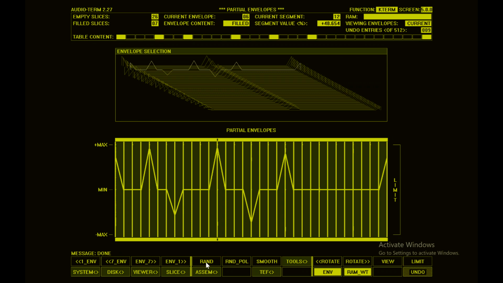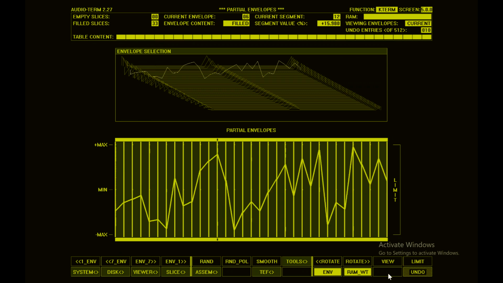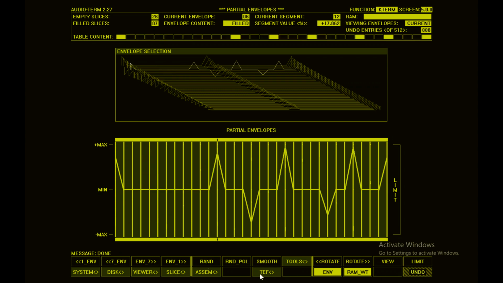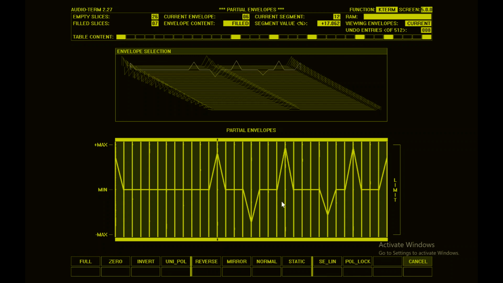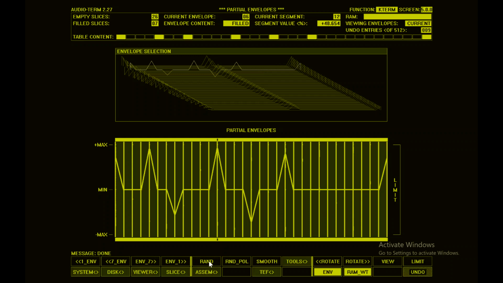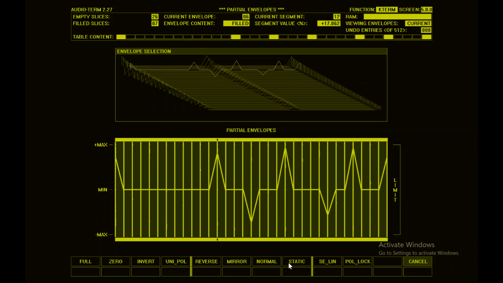Reverse. It takes... Oh, I'm sorry. Tool reverse. The ones on the right will be on the left, and the ones on the left will be on the right. Mirror takes the left side and mirrors it to the right.